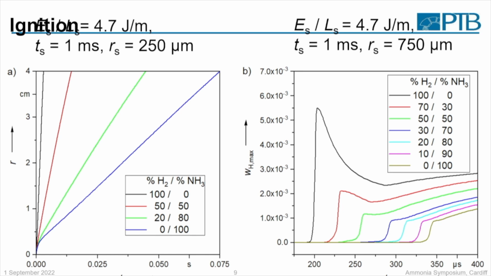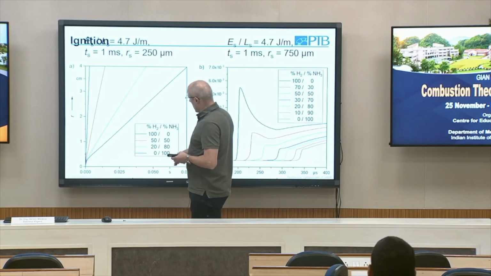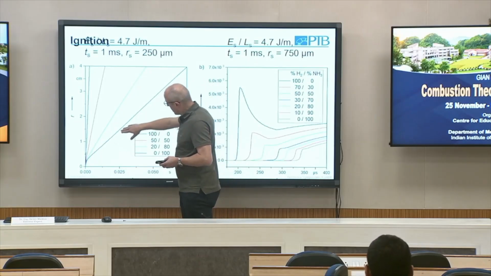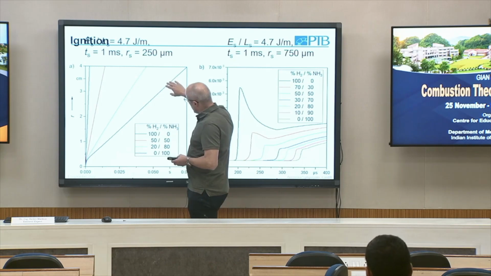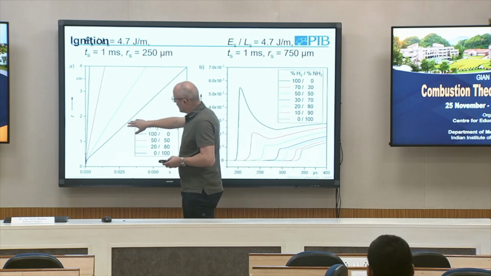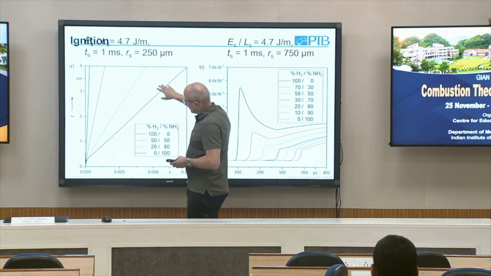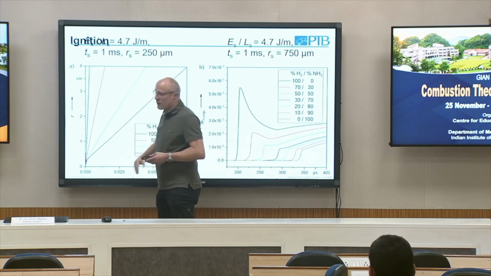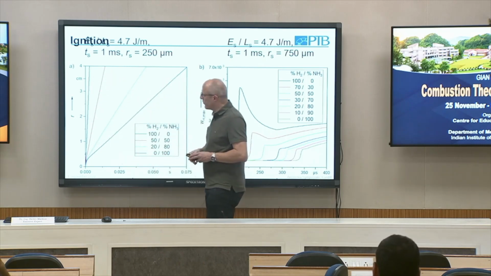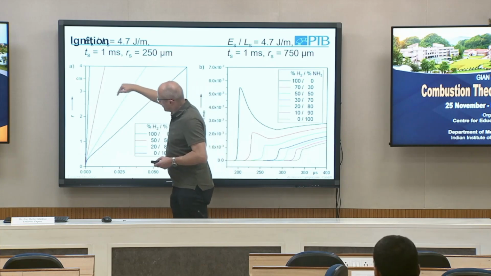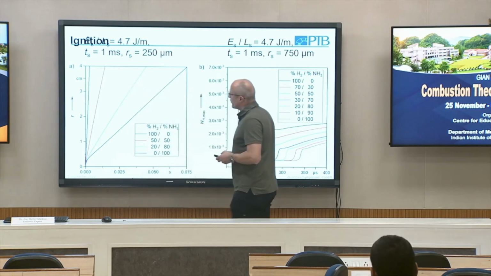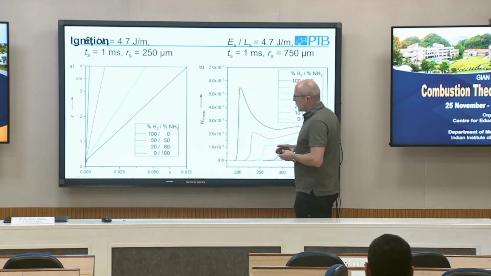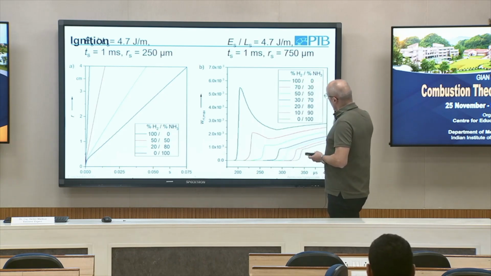So here you can see the flame front as a function of time. In the case of pure ammonia, you see a very slow flame propagation. In the case of hydrogen, we have a very fast flame propagation. And so, as expected, increasing the amount of hydrogen, the flame velocity increases.